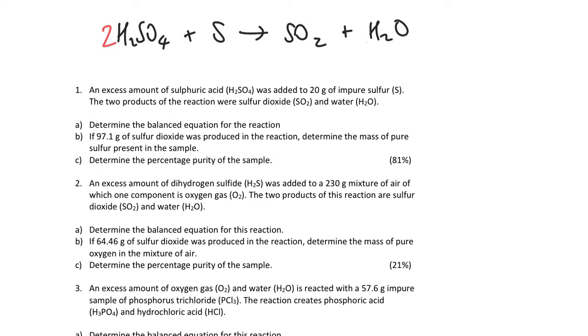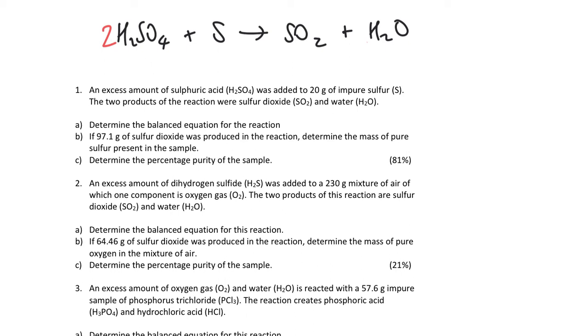Which one do you think is actually the easiest element to balance? Sulfur? Well, kind of, but you've also got something all by itself. If you've got something all by itself, you just put any number next to it and it will balance out. But the H2SO4 is the most complex, so we should start with that one.